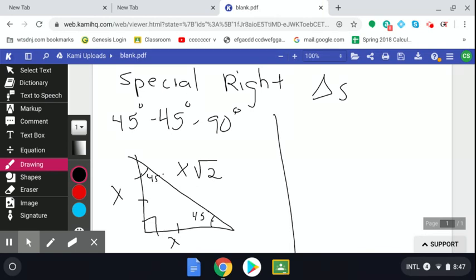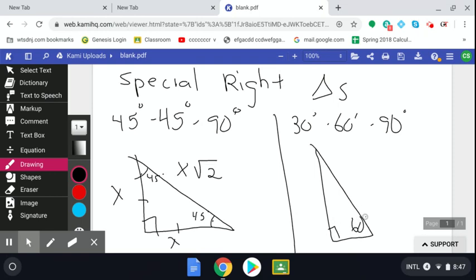Okay. The second kind of special right triangle is what we call a 30-degree, 60-degree, 90-degree triangle. So in that case, the legs are not congruent. Let's say this is a right angle. Let's say this is 60 and this is 30 degrees. This is the ratio of their sides.